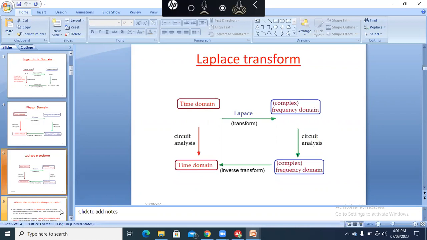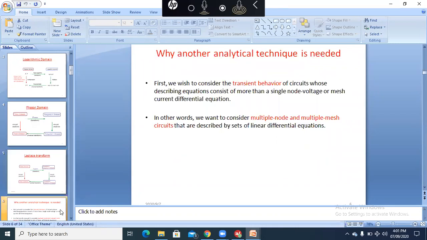So now there is a question: why do we need another technique for circuit analysis? Because we want to consider the transient behavior of the circuits.